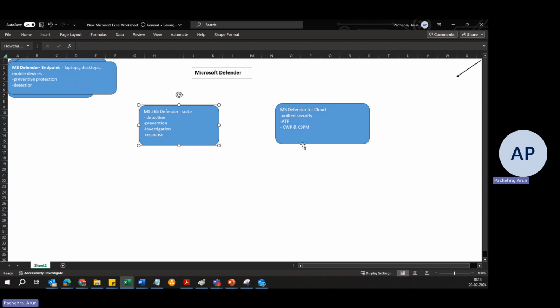So let's see Microsoft Defender for Cloud first. It is designed to provide security management and threat protection for cloud services across Azure, on-prem, and even other cloud providers like AWS and GCP. That's why it is Microsoft Defender for Cloud.